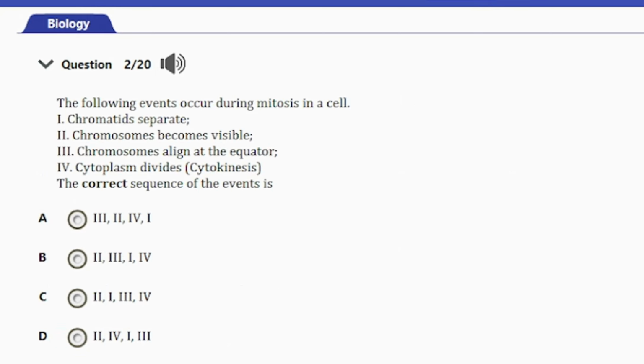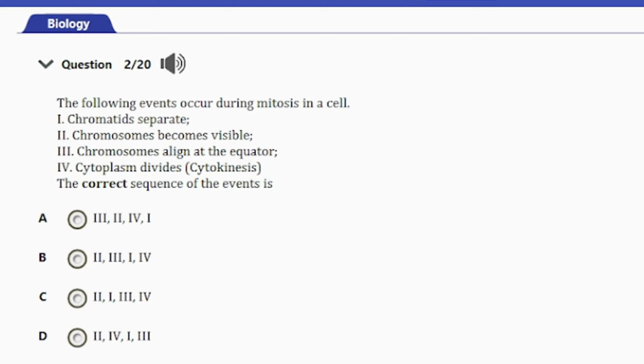Question number 2. It says, the following events occur during mitosis in a cell. I. Chromatid separates. II. Chromosomes become visible. III. Chromosomes align at the equator. IV. Cytoplasm divides, that's cytokinesis.